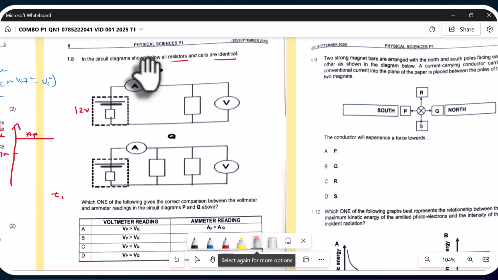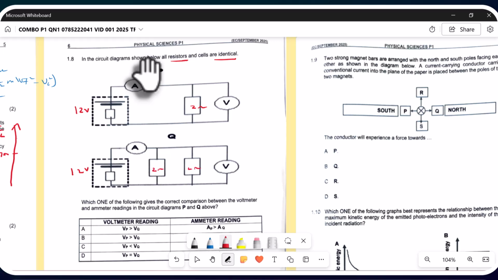For example, here it's going to be 2 times 2 divided by 2 plus 2, which gives us 4 over 4, which gives us 1 ohm. So in here, the effective resistance is going to be 1 ohm. Now the 1 ohm being lower than the 2 ohms, it means the ammeter reading in Q will be greater than in P.